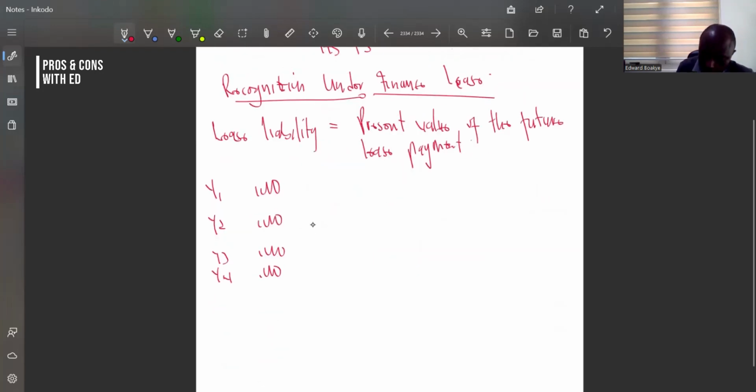So the present value of all this becomes what? The present value of all this becomes my lease liability. Remember, if we talk about present value, then it means that we should have a factor to discount these thousand to the present.